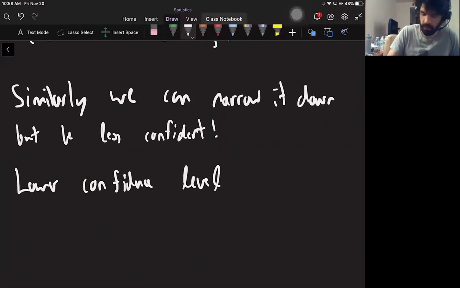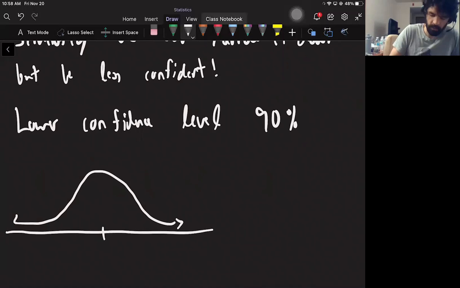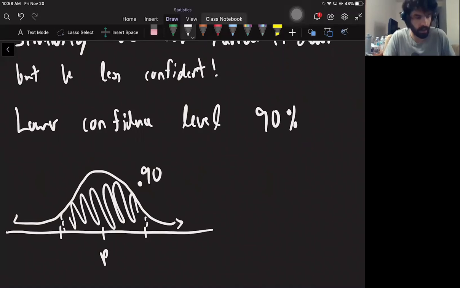So if we lower the confidence level to 90%, then what we're saying is we're doing all the same stuff, but now we're looking at the z-scores that will tell us the middle 90% of the area, 0.9 of the area.